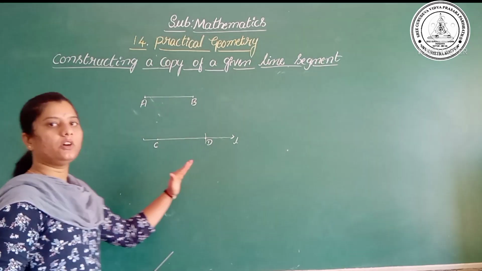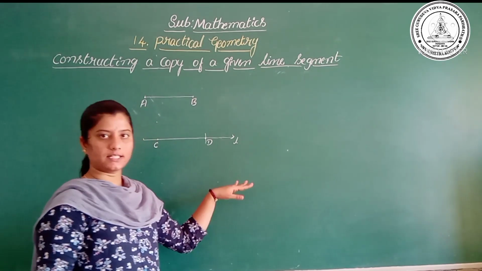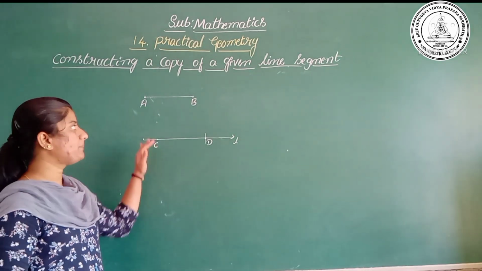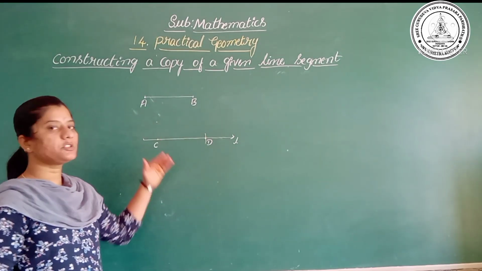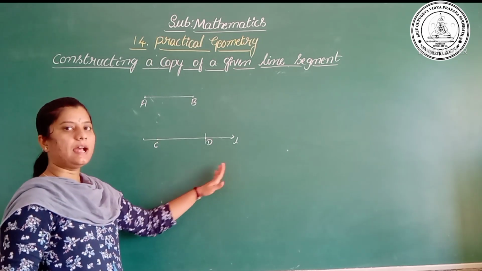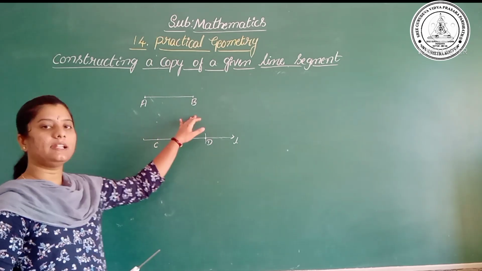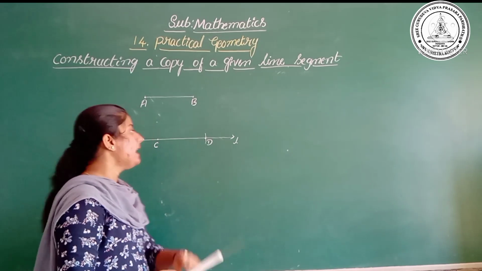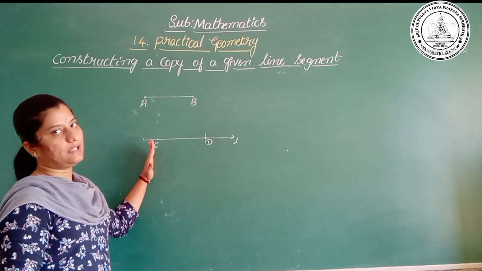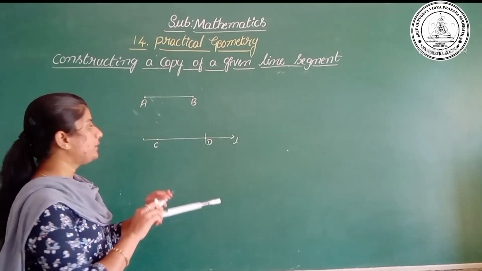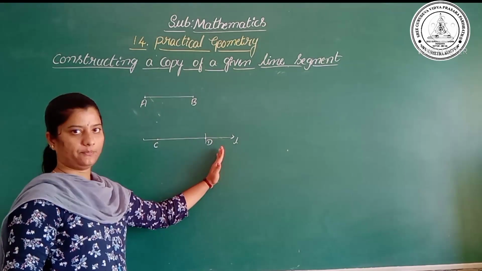Right? So if any line segment is given, we just have to draw one line and measure the length of the given line segment using the compasses, mark the point on the line L and draw an arc at the point B. Okay.